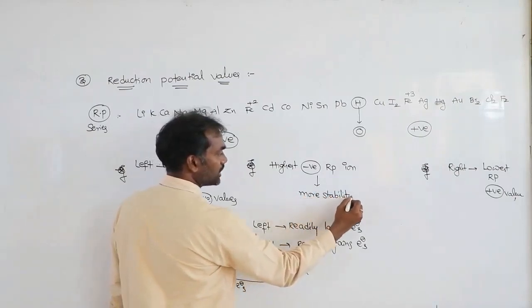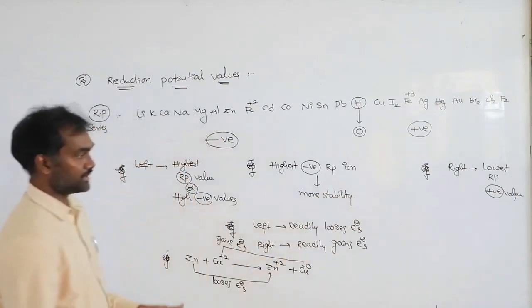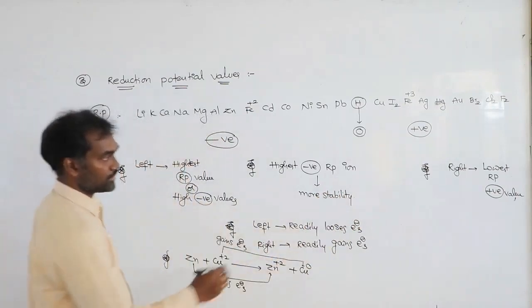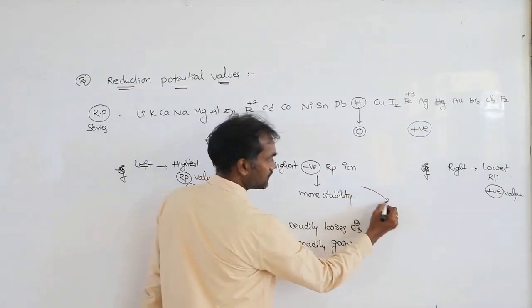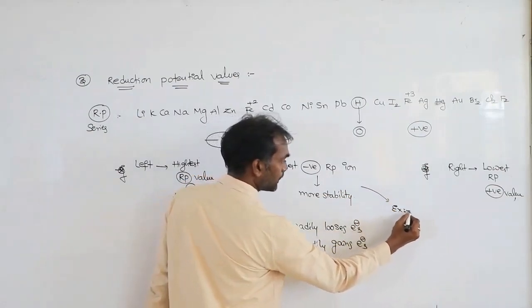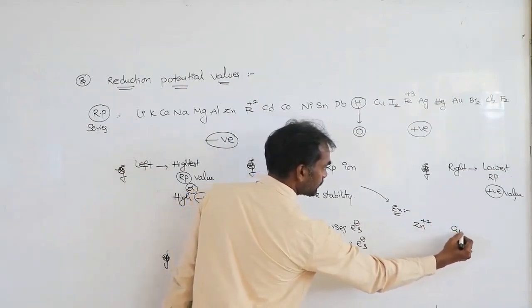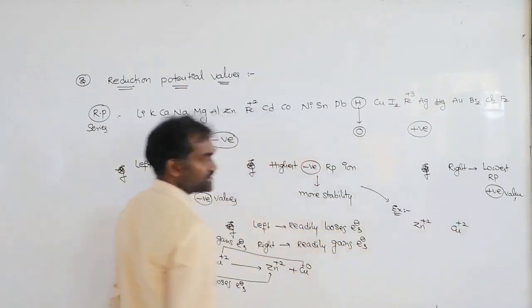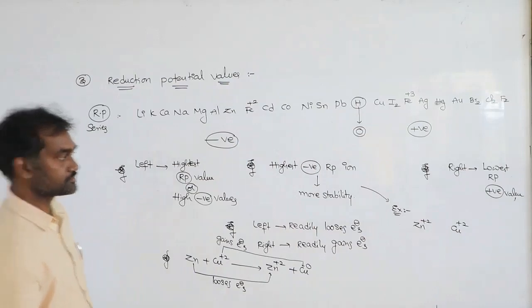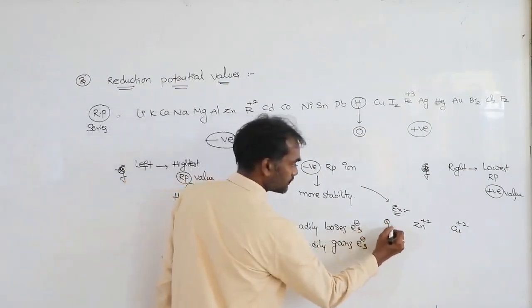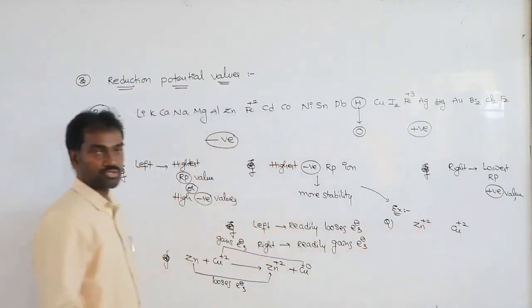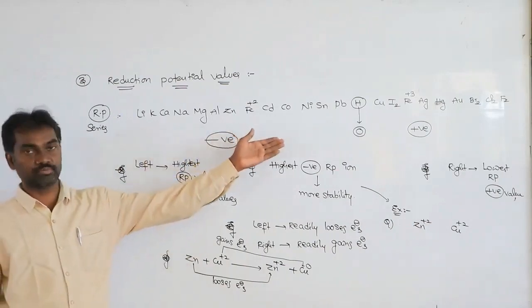This is very important. For example, take Zn plus 2 ion and copper plus 2 ion. Of these two, which is more stable? Zinc plus 2 or copper plus 2? This line explains it.